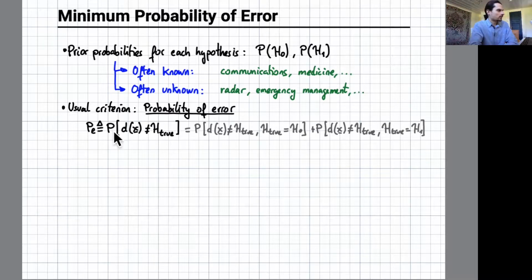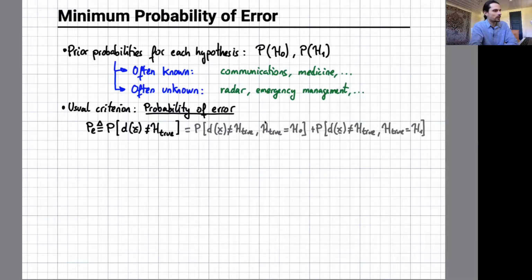So let us express this probability of error in a more convenient form. We can start by decomposing this probability in this way. We just use the fact that the probability of the union of these joint events equals the sum of their probabilities, right? So here in this case, we separate this into two cases.